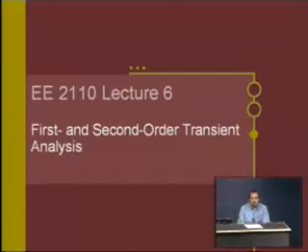Because you look at the circuit: what does it look like just before a switch is thrown? What does it look like just after the switch is thrown? And what does it look like well after the switch has been thrown? And then finally, what is the Thevenin resistance?